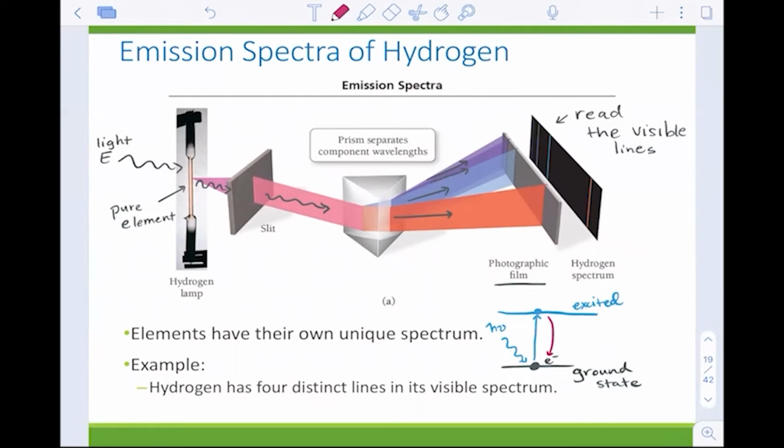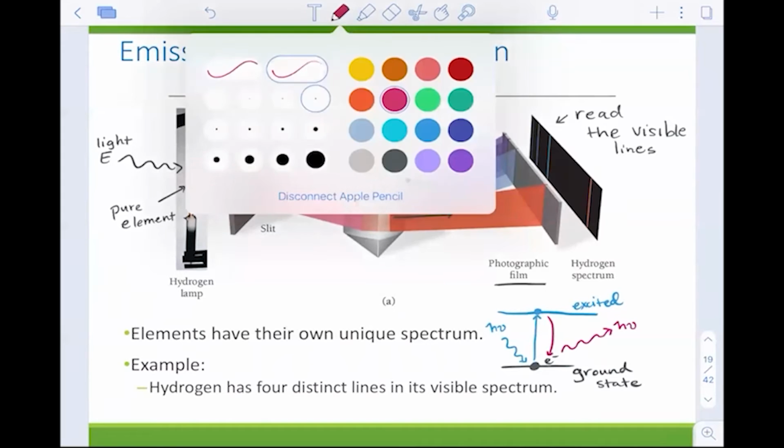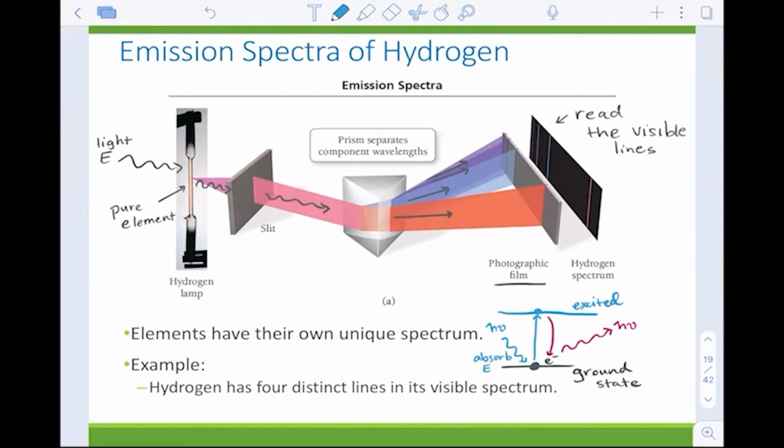When I do, I have released some energy out into the universe. So I can absorb energy, there's the blue, and jump up to the excited state. Eventually, though, I will emit energy and relax back down to the ground state.